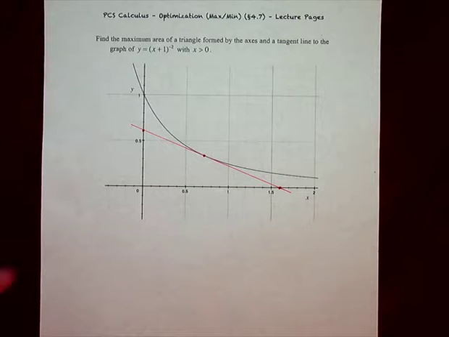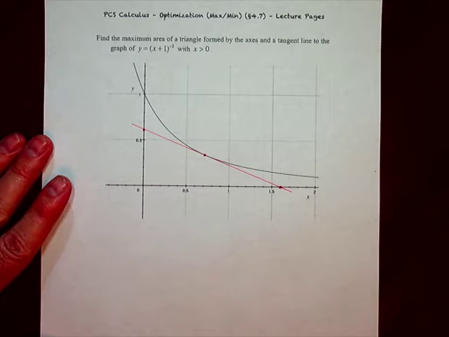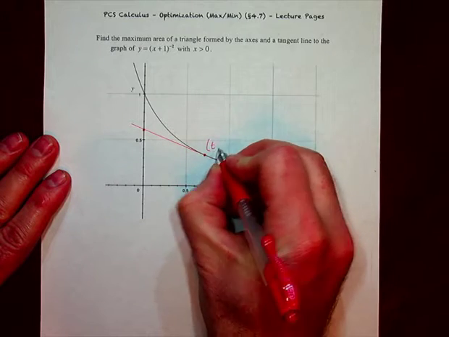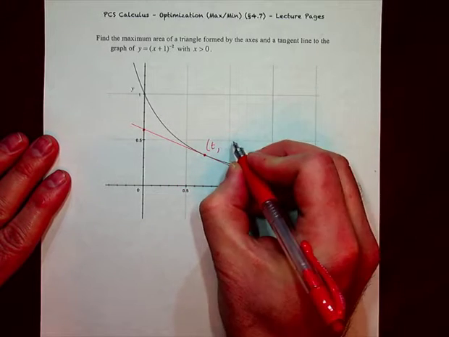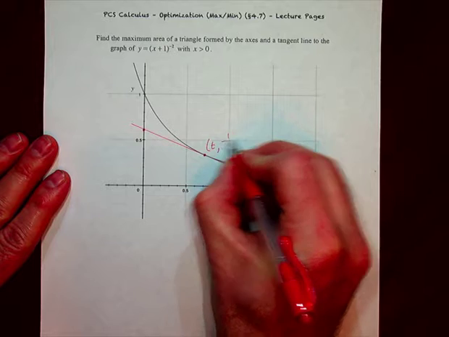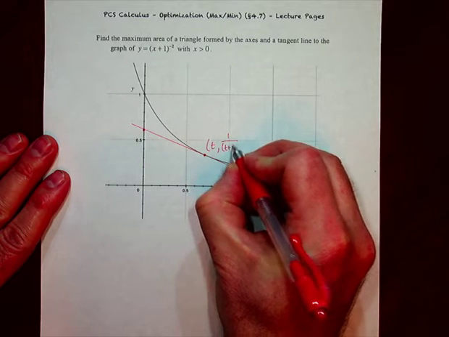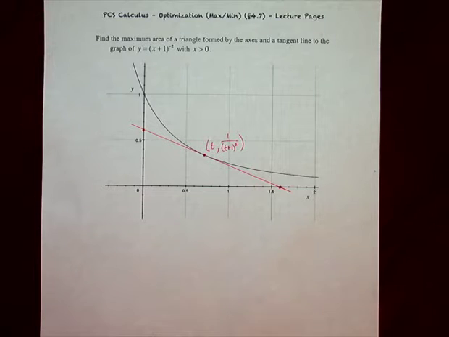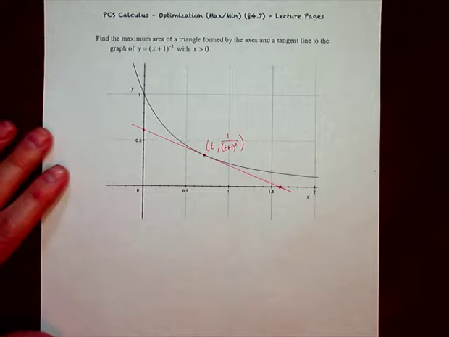Okay? So let's go ahead and label that, and let's call it t. T, and then of course its output is going to be 1 over t plus 1 squared, and that's our ordered pair. Now, we need the derivative of the given function.